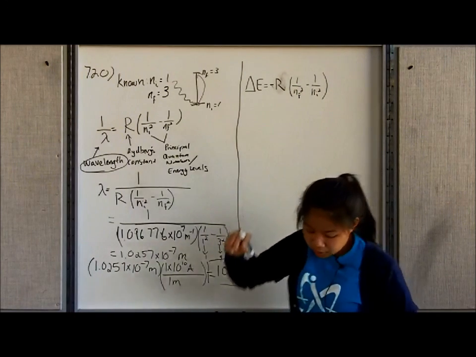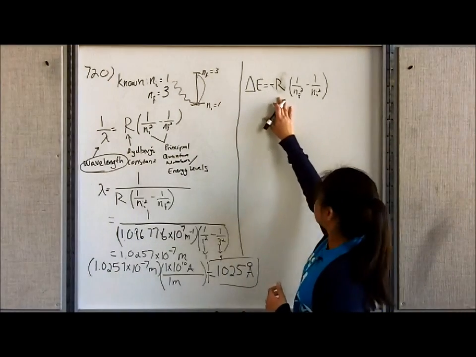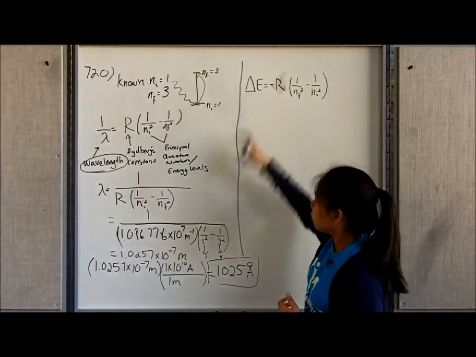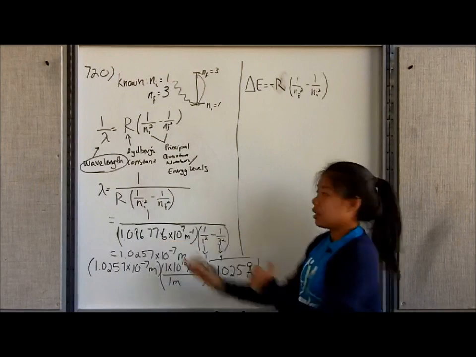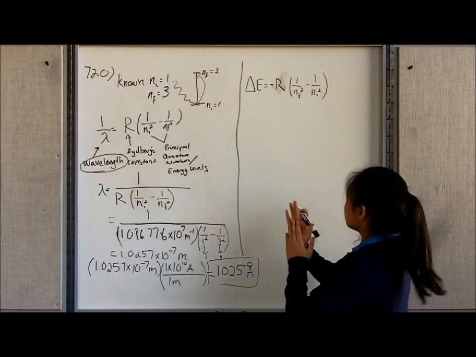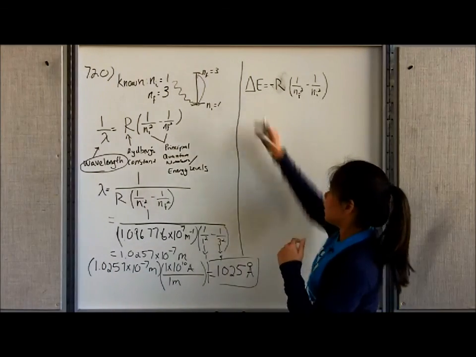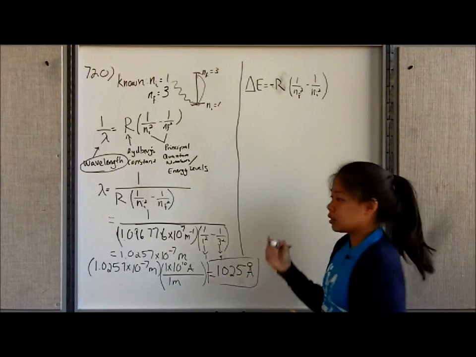Now you have a Rydberg's constant given in the first problem, but you really want to find this in energy. Let's do a quick unit analysis about what you want at the end. Energy is always given in joules.